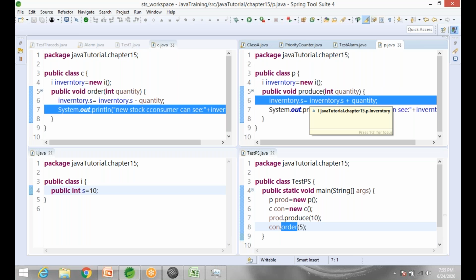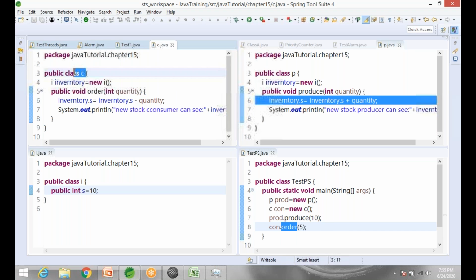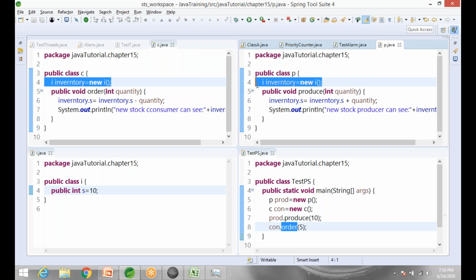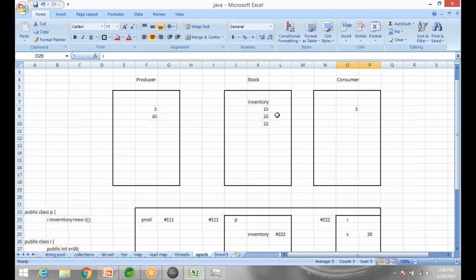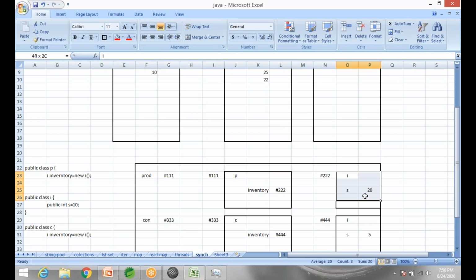Don't they both have to see the same stock? Yes. It didn't happen because consumer has its own copy of the inventory object and producer has its own copy of the inventory object. Are they sharing the same copy among them? No. They have their own copies. This is wrong.